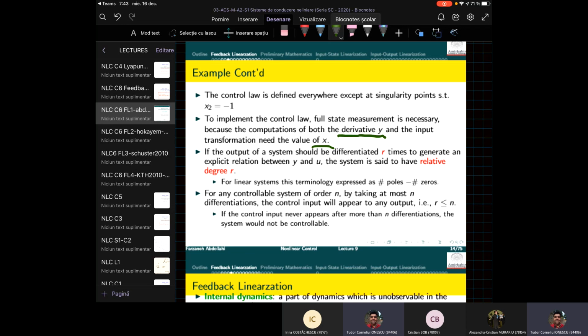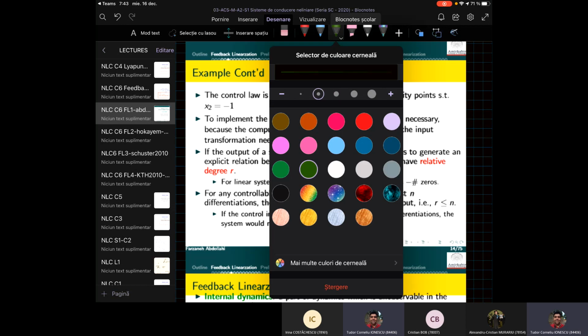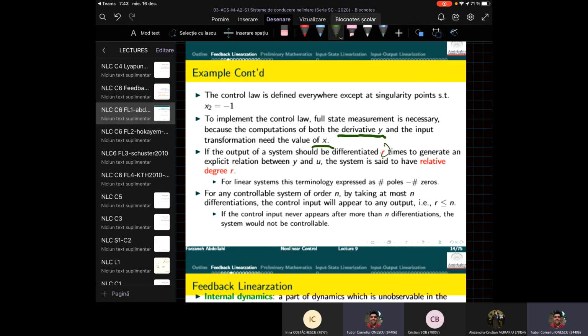If the output of a system should be differentiated r times, you don't know how many times, so for instance r times, to generate an explicit relation between y and u, the system is said to have relative degree r.